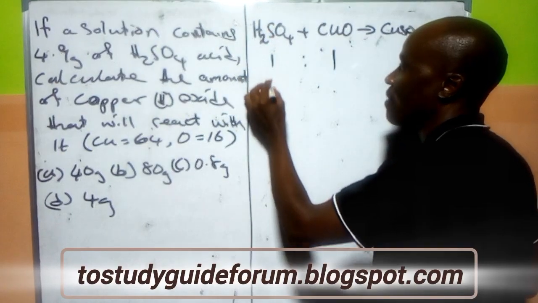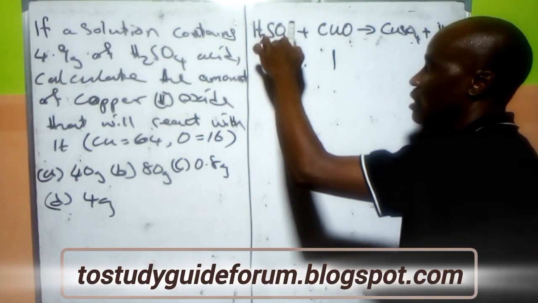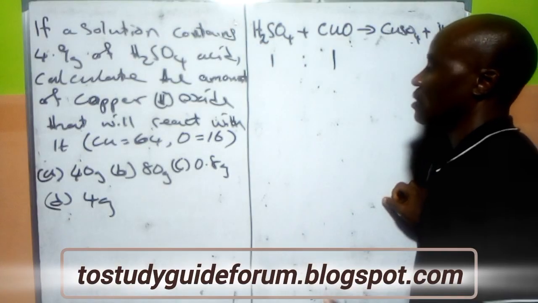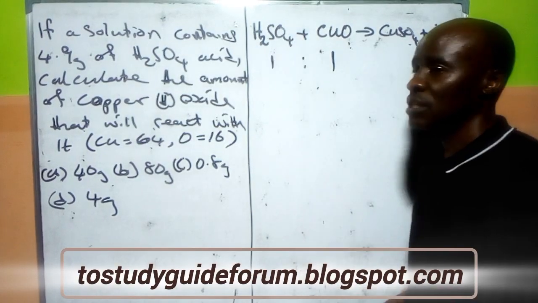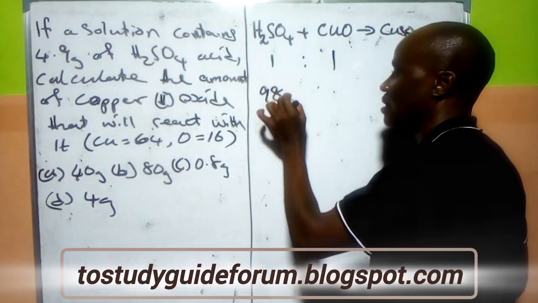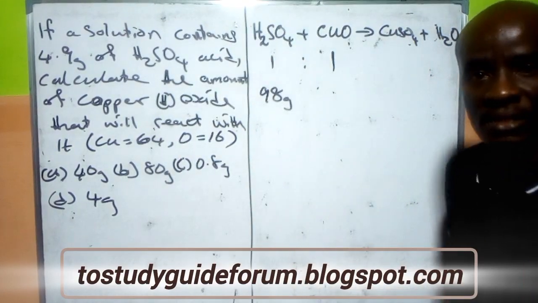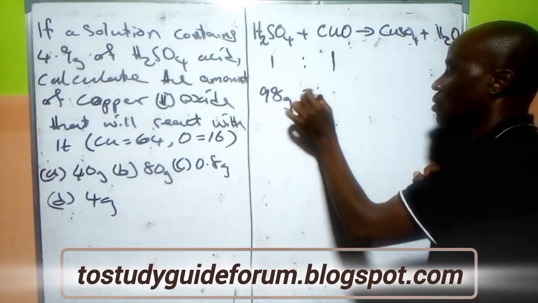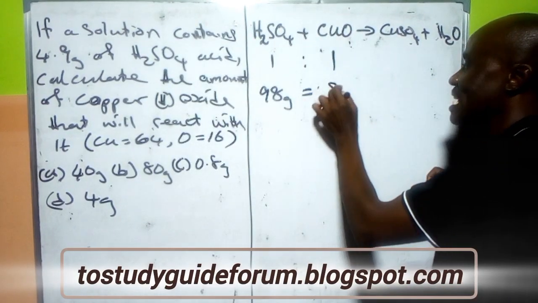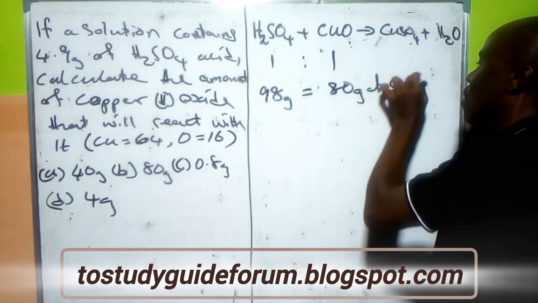Hydrogen is 2, sulfur is 32, oxygen is 16 times 4. That means we have 98 grams of this acid reacting with 80 grams of copper oxide.